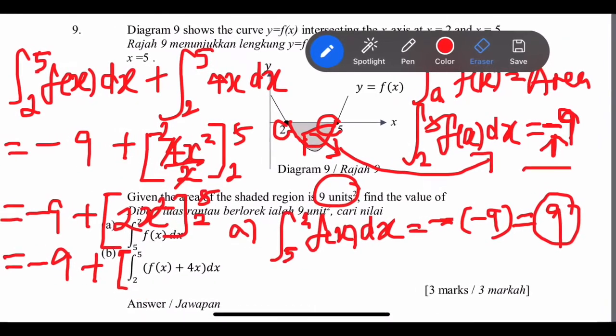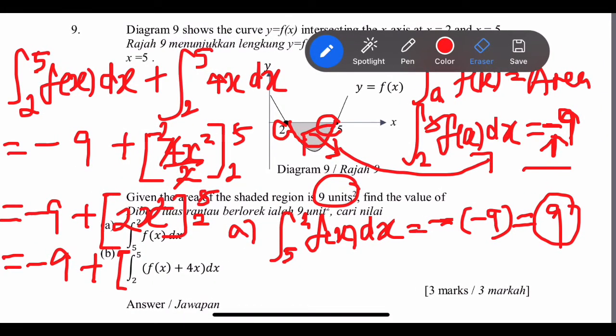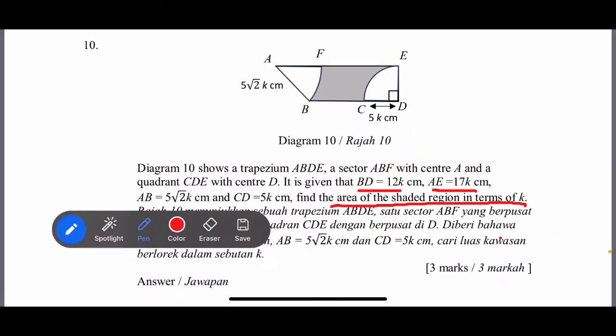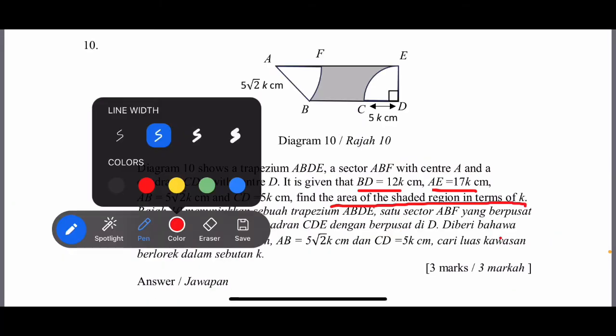Many of you are very confused between the area and the integral value, which are actually totally different. It depends on where the area is, by referring to the x or y axis. So the area can be positive or negative, depends. So after you simplify, you get answer 33, right? Okay, let's proceed to the next question.